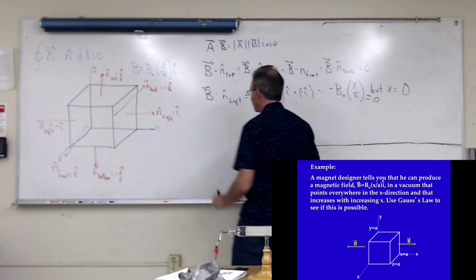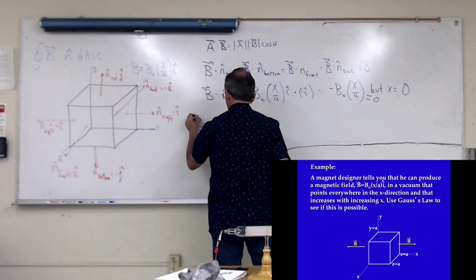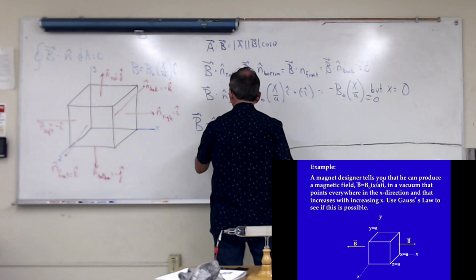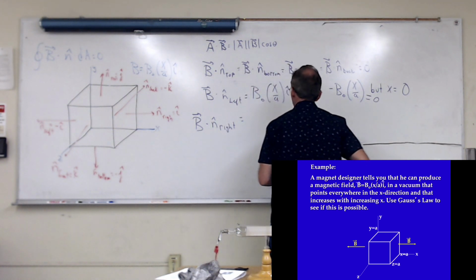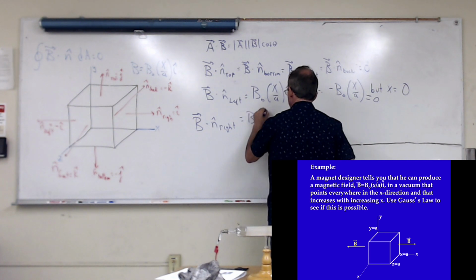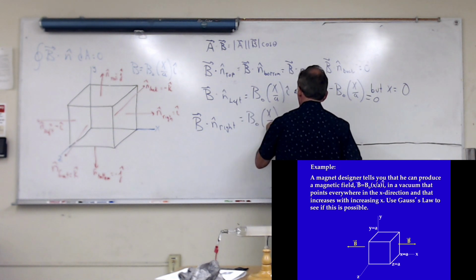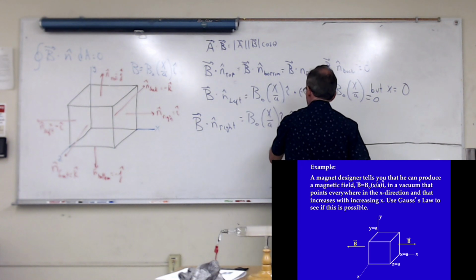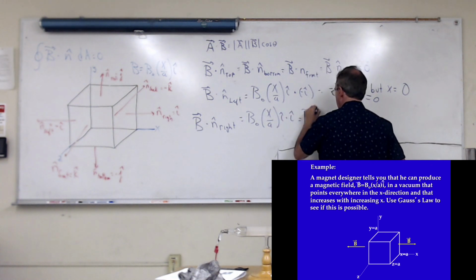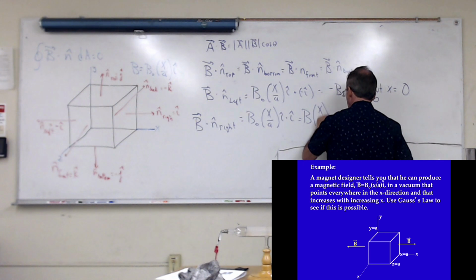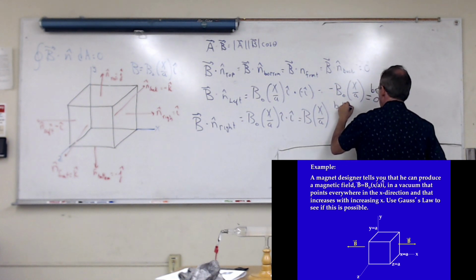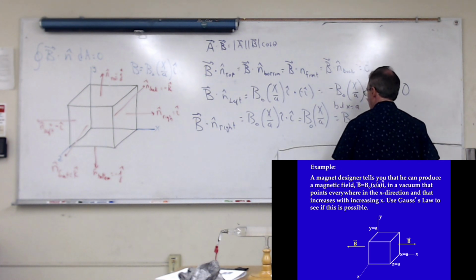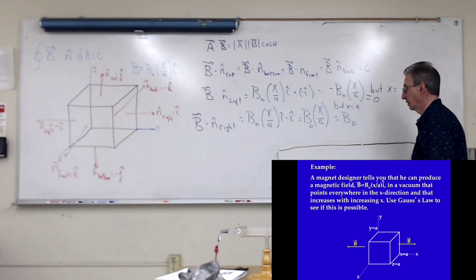So the only term that contributes is going to be B dotted with n right, which is going to be B naught x over A, I hat, dotted with I hat. But x equals A on the right side, so you get B naught.